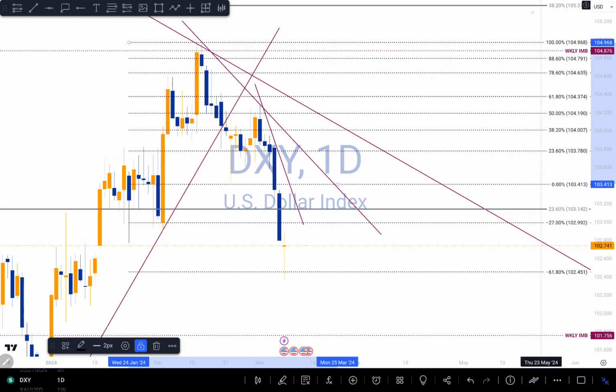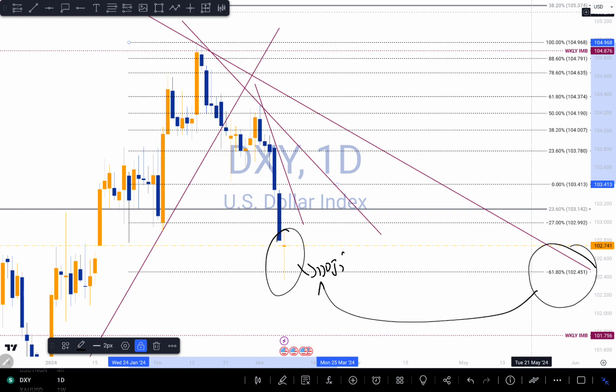But the candlestick ended around this area with this doji candlestick by hitting my 61.8% fib level, like I explained. And most of the time, according to my strategy, the 61.8% fib level is a reversal area or zone. So there's a possibility for us to push up a little bit before pushing to the downside if it continues to push to the downside.